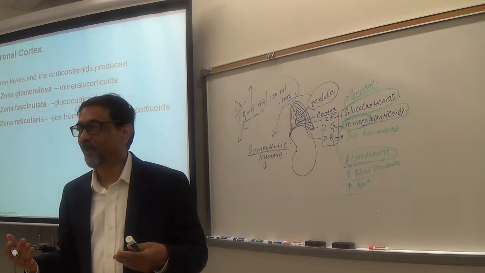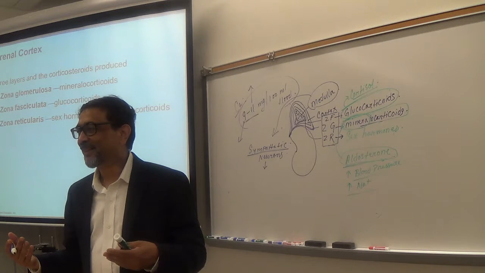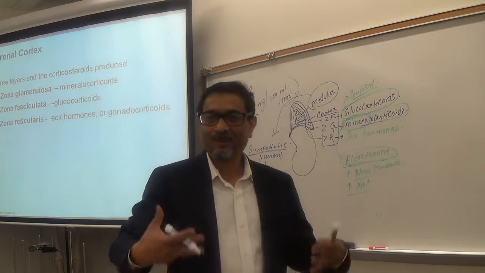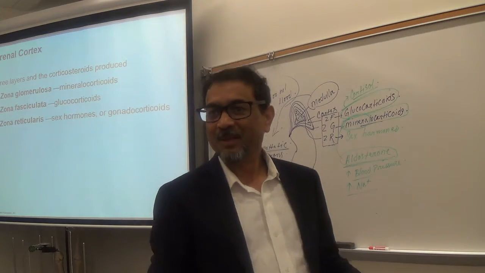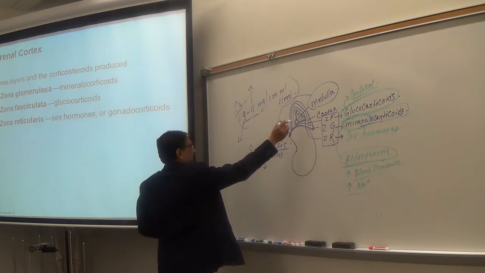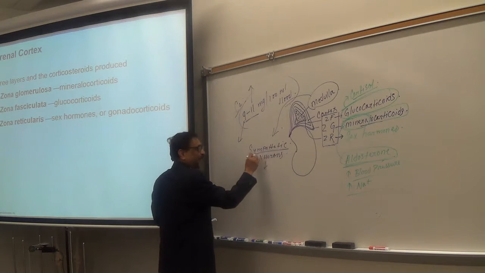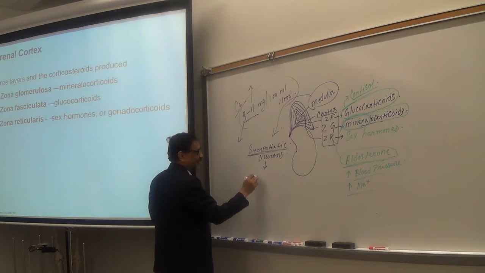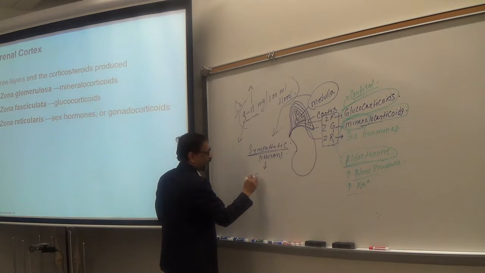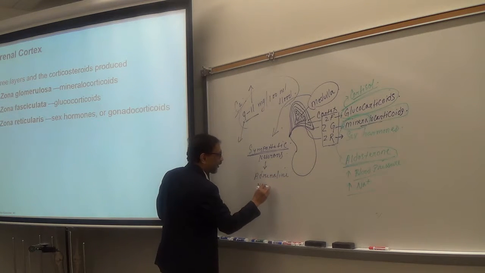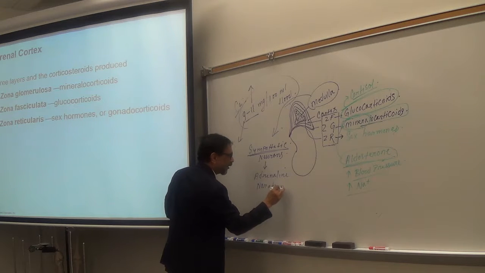The chemical in the body. Anybody? Adrenaline. Remember that? We talked about that, right? Adrenaline causes excitement, right? Fight or flight response. So the medulla consists of sympathetic type neurons, and the medulla secretes adrenaline and noradrenaline.